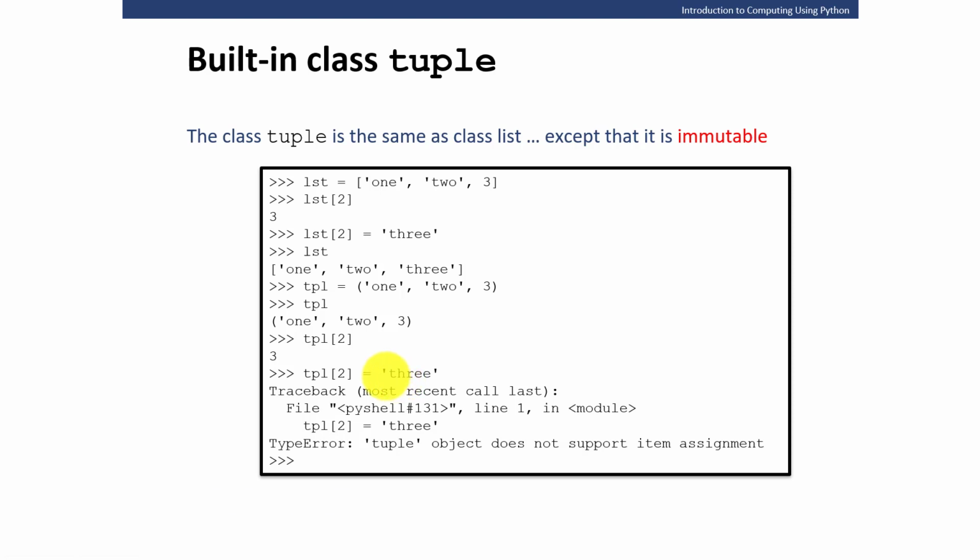So one may ask me, why do we need tuple? Actually, tuple is much faster than list for indexing and hashing. And this is something you will cover in the data structure course.